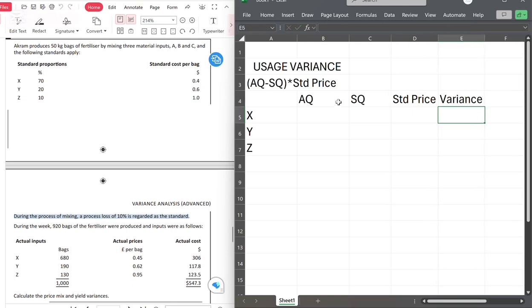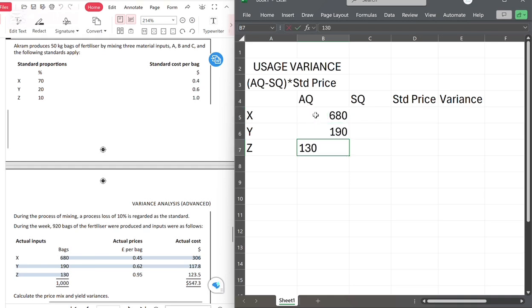So let's work this. Actual quantity is easy. It's been provided in the question: 680, 190, and 130. So we have 680, 190, and 130.